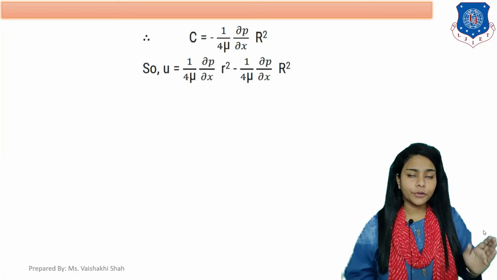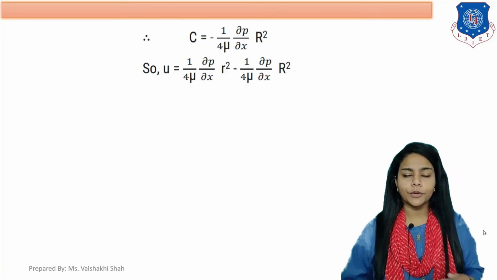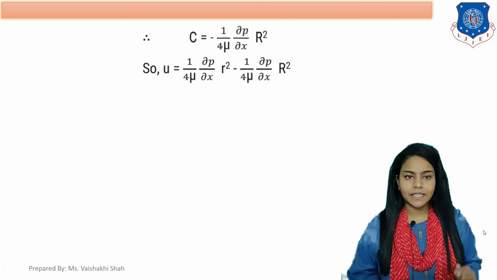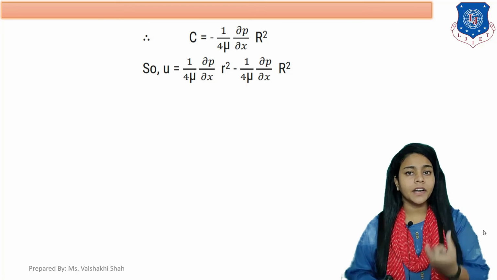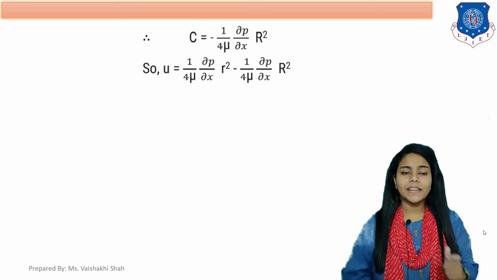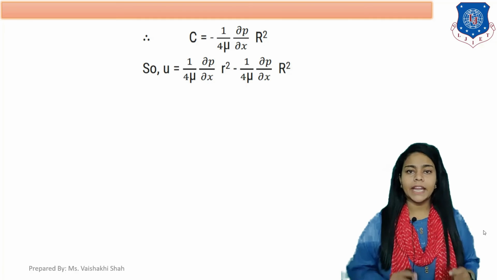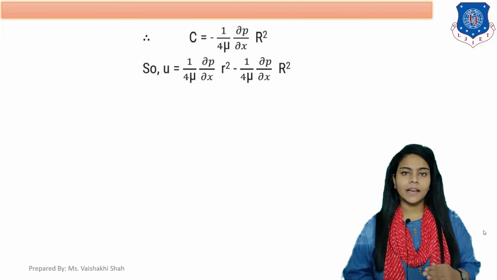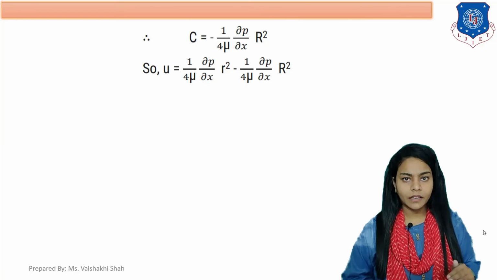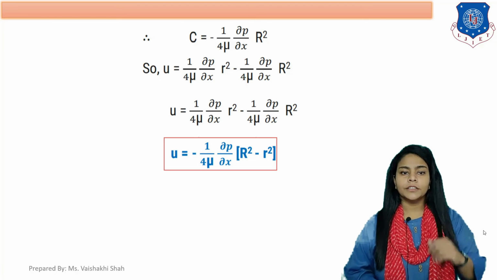So you get u equals 1 upon 4 mu into del p by del x into r square, and the term c, which is minus 1 upon 4 mu into del p by del x into R square. Clear? So this is your equation.